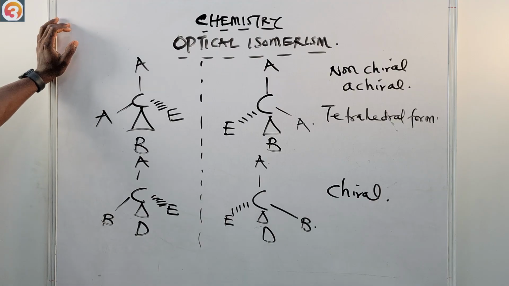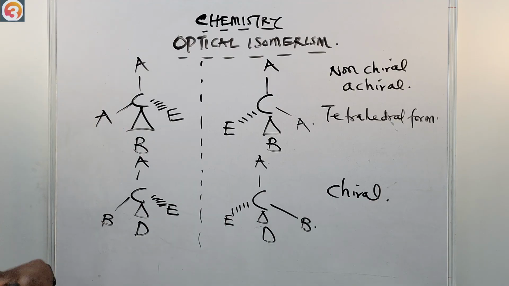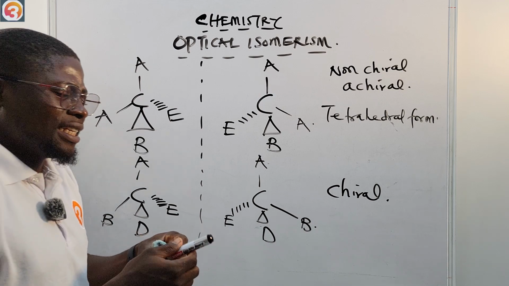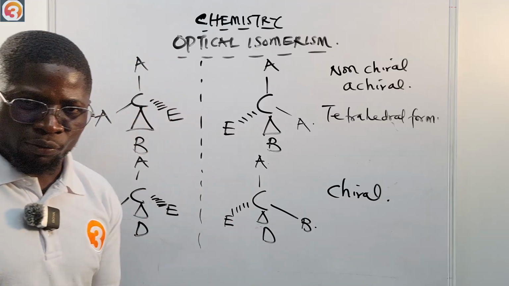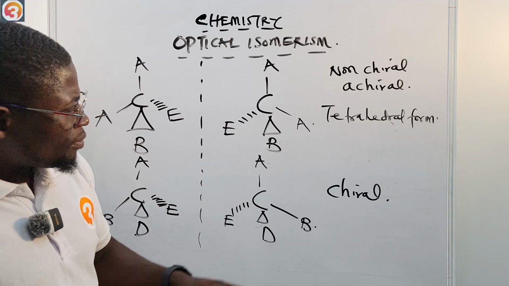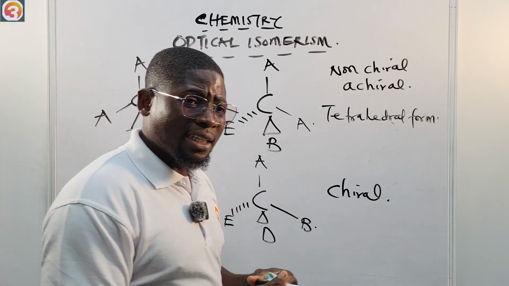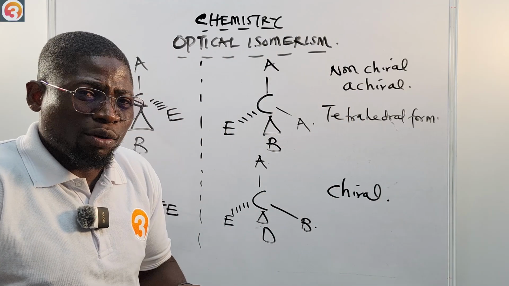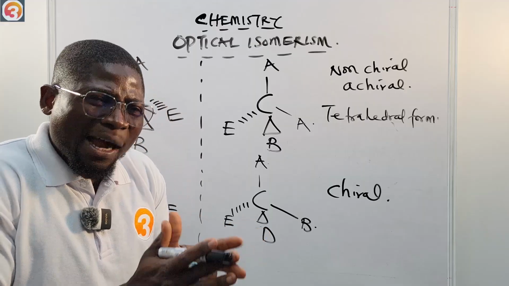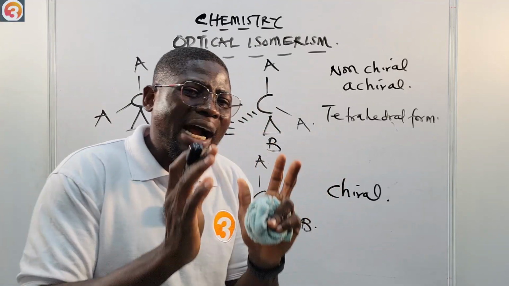All right. So how do you now check for chirality? How do you know that a molecule is chiral? How do you tell that in a molecule there's a chiral carbon? And of course that will now lead us to what chirality is. Like I said, chirality means non-superimposable, but what it really means is that a chiral carbon is a carbon that is bonded to 4 different groups or atoms.